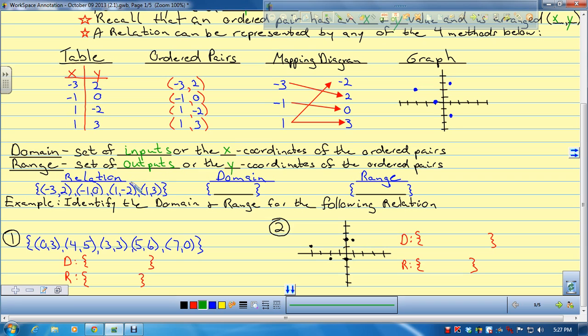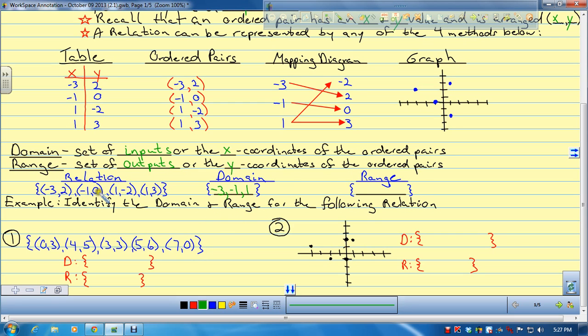However, one thing to keep in mind is when we are listing the domain and the range of a relation, we will not list a number more than once. So start with that -3, and then we had -1, and then 1 occurred twice, but we only write it down once for the domain.